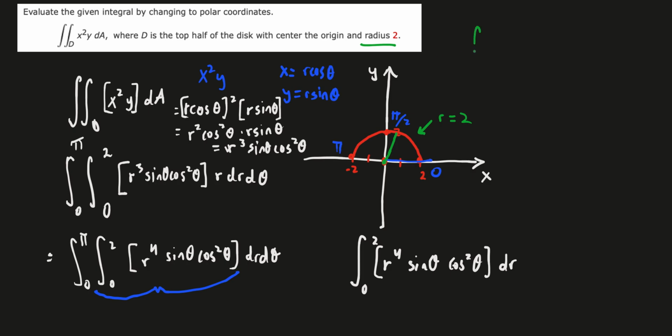This is equivalent to the integral 0 to pi of sine theta cosine squared theta d theta, multiplied by the integral 0 to 2 of r to the 4th dr.